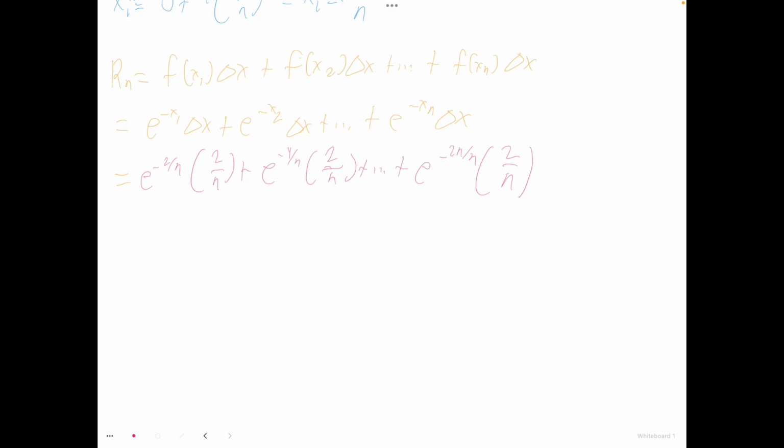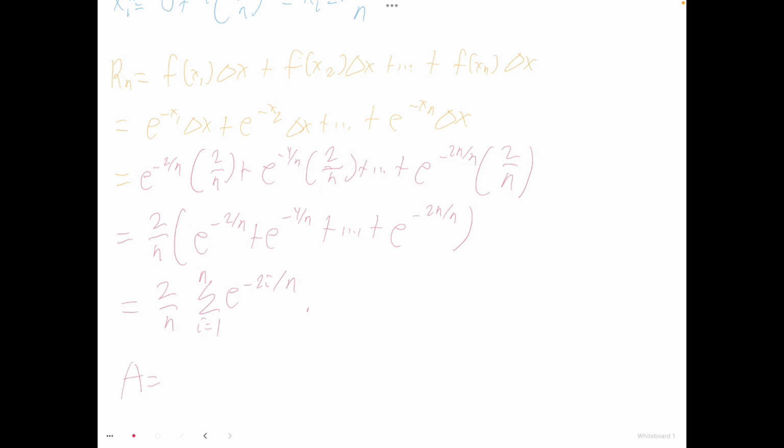And so now we can factor 2 over n out of everything. So we have 2 over n times e to the minus 2 over n plus e to the minus 4 over n, and so on to e to the minus 2n over n. And so this is then equal to 2 over n times the sum from i equals 1 to n of e to the minus 2i over n. And so that then is R sub n, and we just want to take the limit of that.